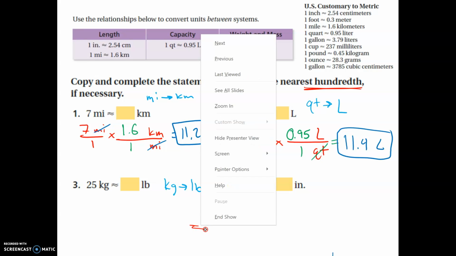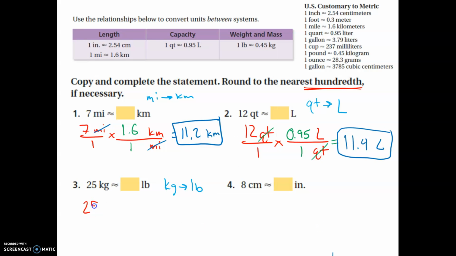So we have 25 kilograms over 1 times pounds over kilograms. Because remember, we want to cancel out those kilograms. And now let's plug in our numbers. 1 pound to 0.45 kilograms. Do you see what's different about this one?